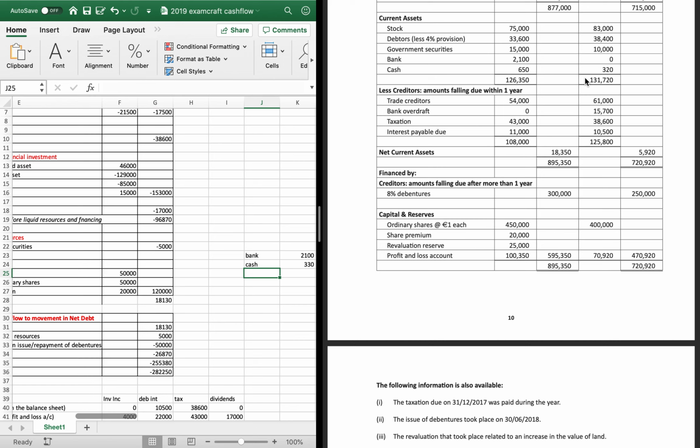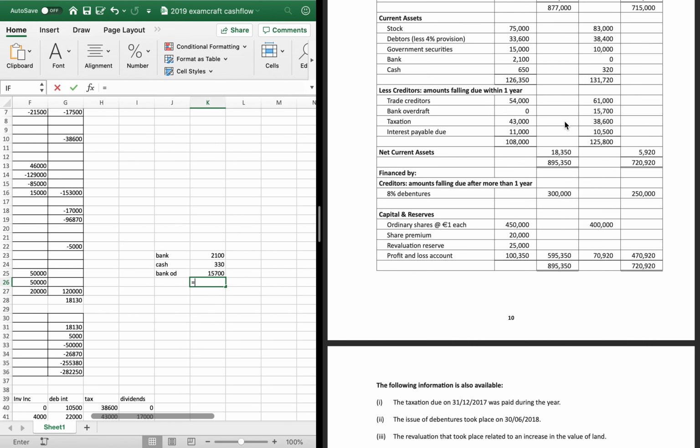And our bank overdraft has gone down by 15,700. So in effect, money in the bank has gone up by 15,700. If it's gone from minus 15,700 to 0, that's an increase of 15,700. So just check those sums together, 18,130. So you can check that that number is right.